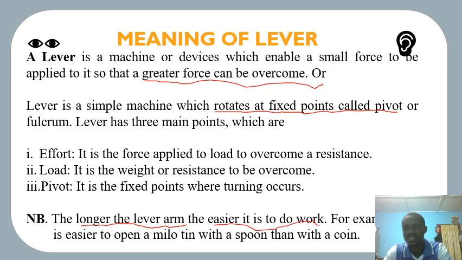For example, it will be difficult for you to use a coin to open a milo tin as compared to a spoon, because a spoon has a longer length that helps you to exert a simple effort to perform the task you want.